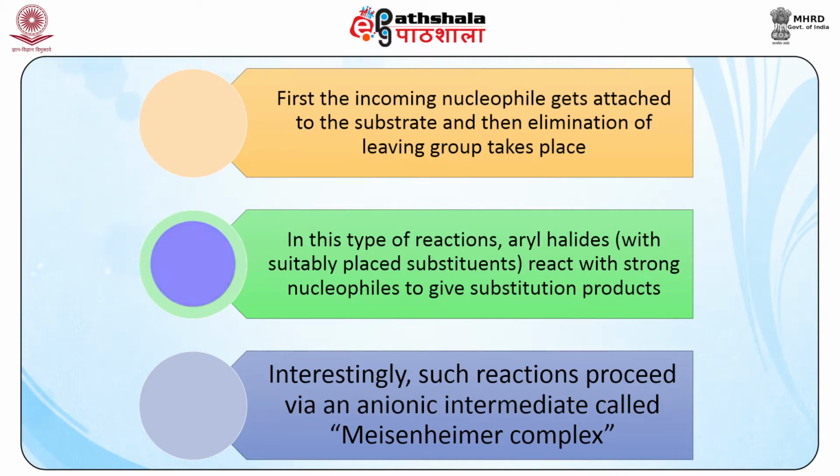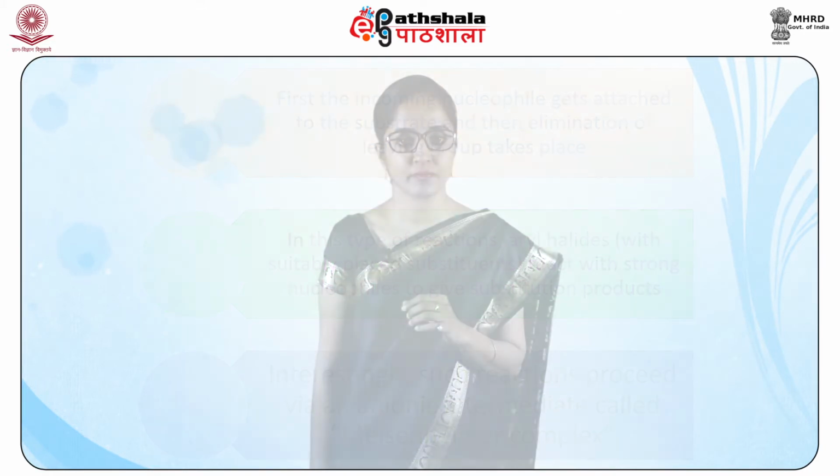In this type of reaction, aryl halides with suitably placed substituents react with strong nucleophiles to give substitution products. Interestingly students, such reactions proceed via an anionic intermediate often popularly called Meisenheimer complexes.